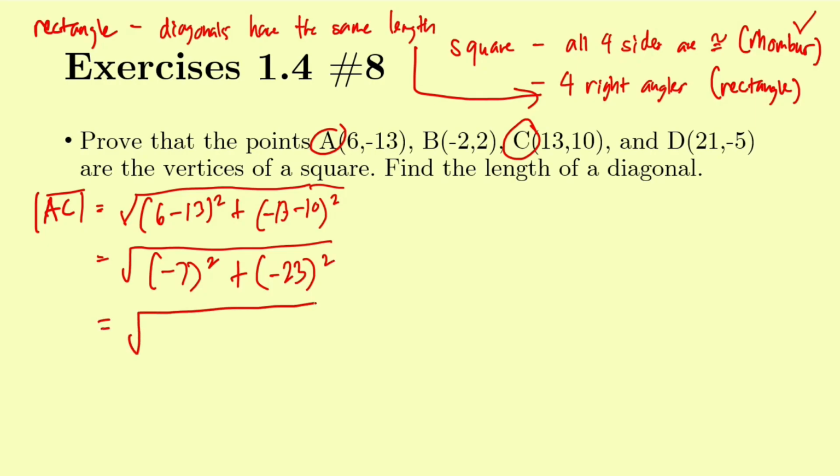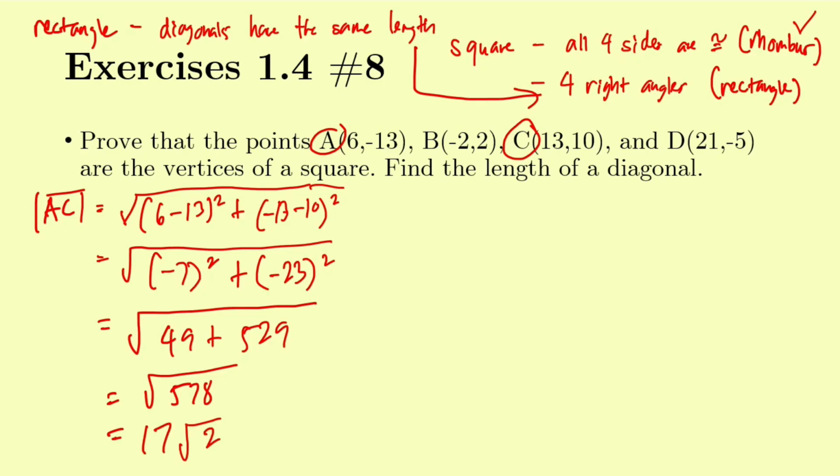That's equal to the square root of 49 plus 529. That's equal to the square root of 578. If we're going to simplify this, we will end up with 17 square root of 2.